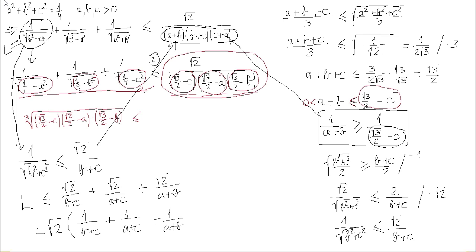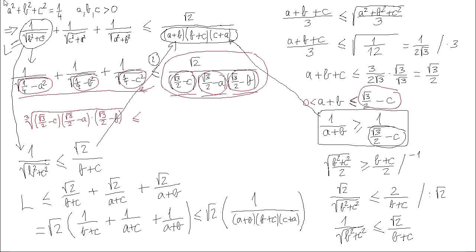And so we want to show that this value here is less than or equal to the right-hand side, which is actually square root of 2 times 1 over a plus b, b plus c, c plus a.